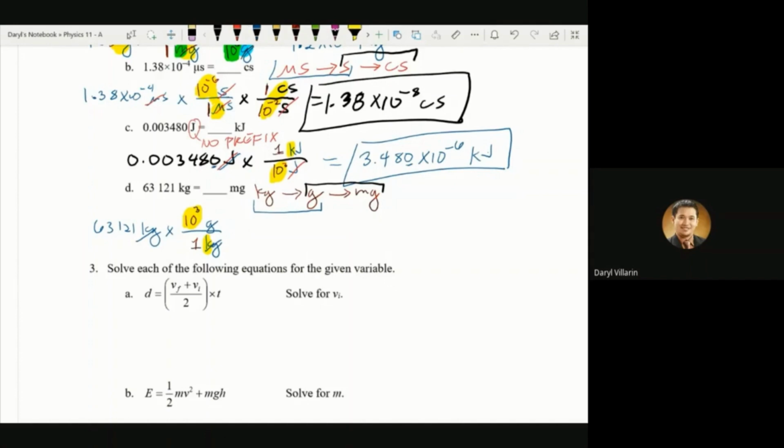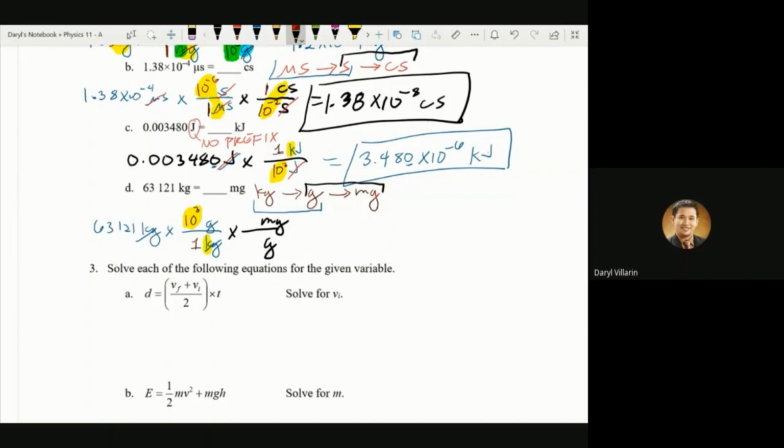However, I need to convert this further to milligram. So now I'm going to multiply this by the conversion factor of gram at the bottom and milligram on top. In this case, the unit that is given to me is already the gram, that's your new unit. So in your conversion factor, gram should be at the bottom and milligram on top, the unit that you want in the second step.